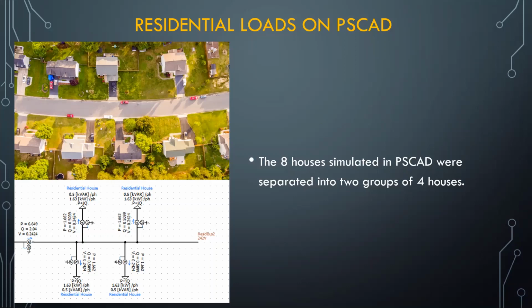We gathered the data from specific residential applications to model residential homes from a research paper sponsored by the National Science Foundation. We wanted to use power consumptions that would typically be seen in residential buildings. In this case, we have 0.5 kVAR and 1.63 kilowatts per phase.